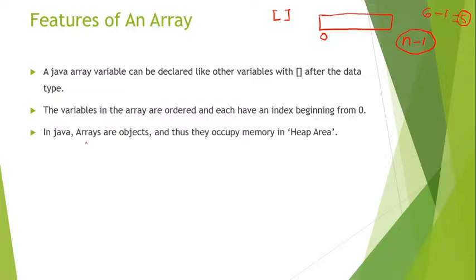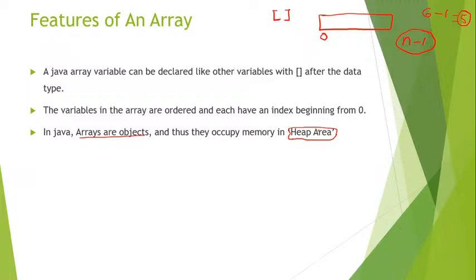After that, we know that arrays are objects, so they are stored in heap memory. Inside our JVM we have a lot of memories, and our objects and arrays are stored inside the heap memory.